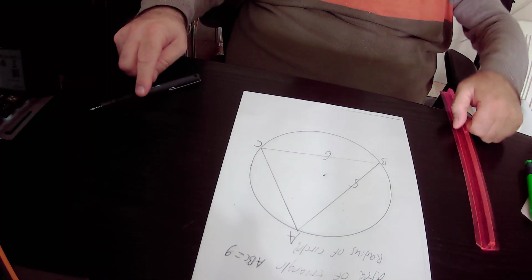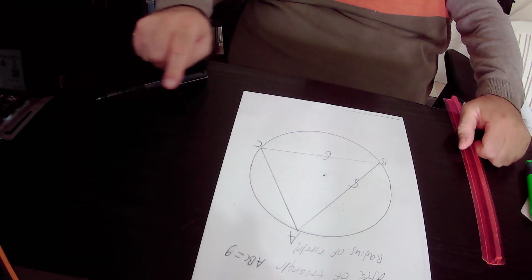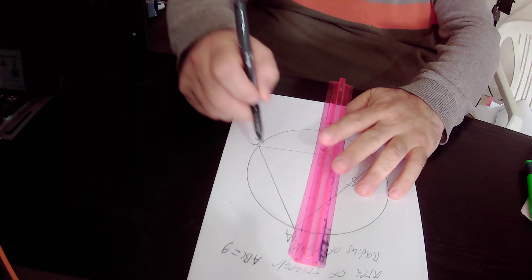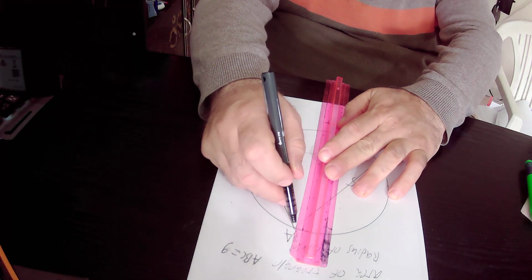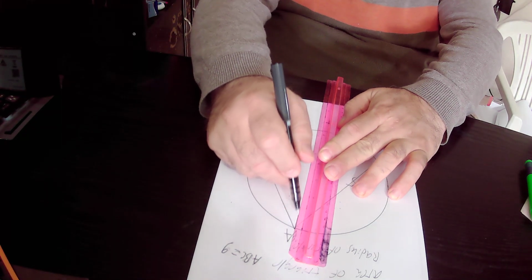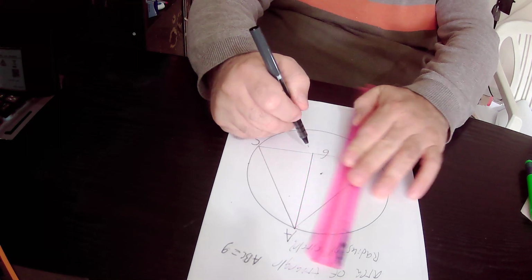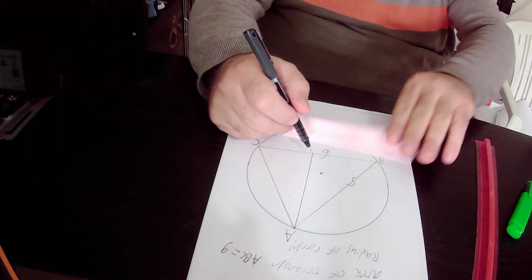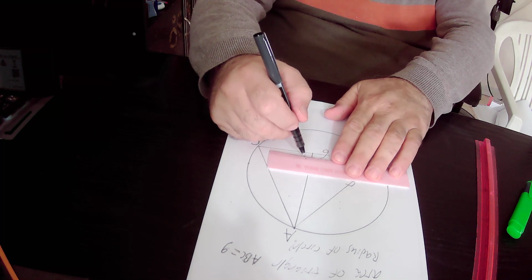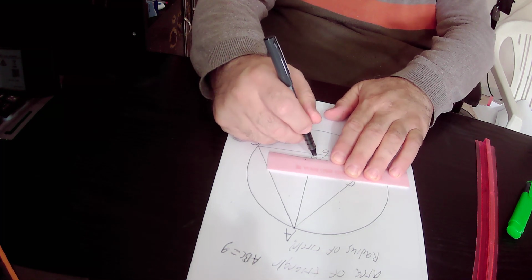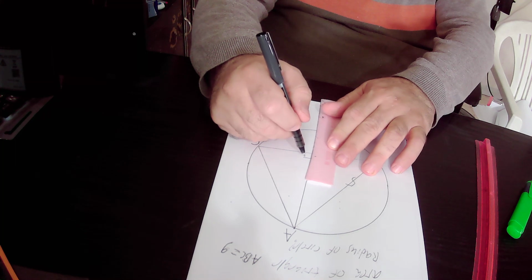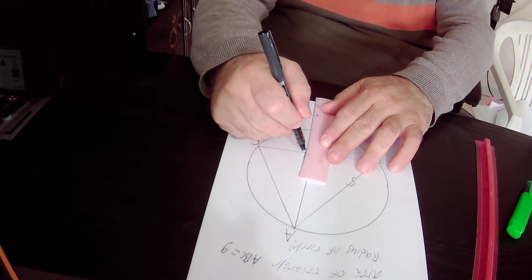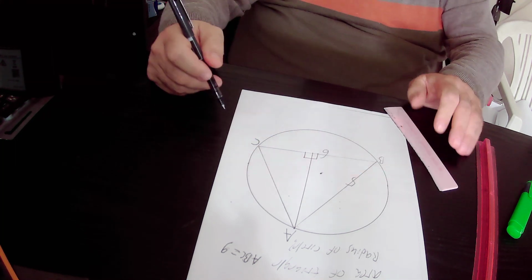From point A, we draw a perpendicular on BC. So this angle equals 90 degrees, and this angle will also equal 90 degrees according to our construction.